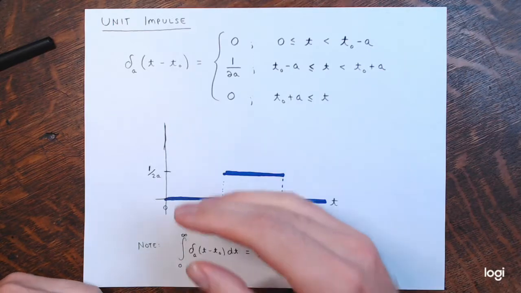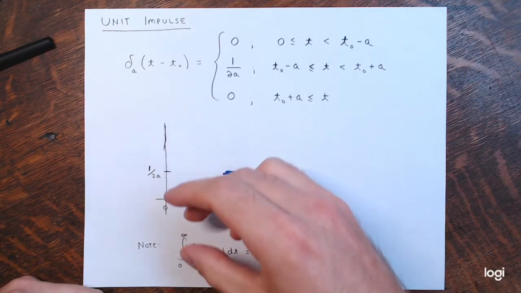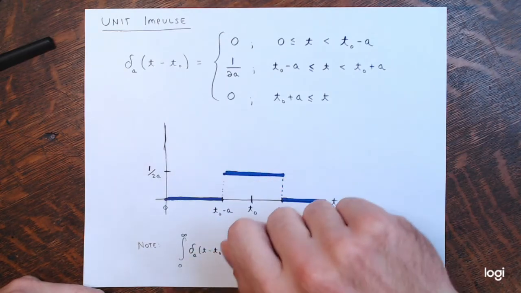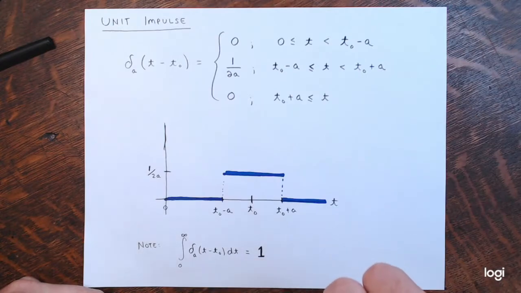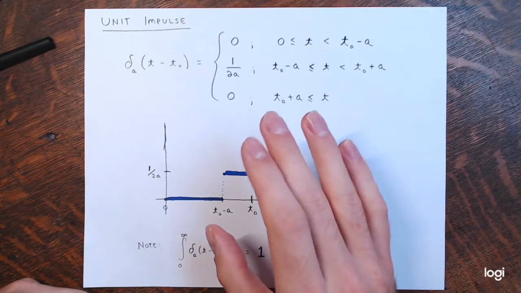We could talk about masses hanging from springs, and then maybe hitting that spring with a hammer at one instant or another instant, but for a very brief period of time. You could call this brief surge of force an impulse.